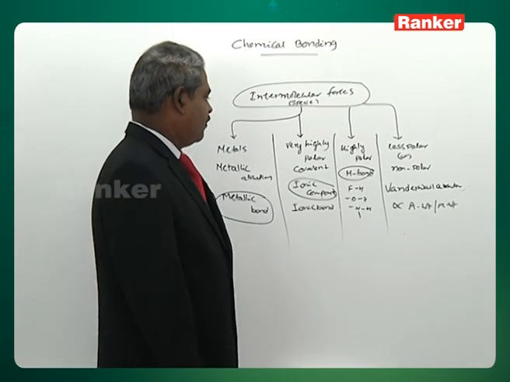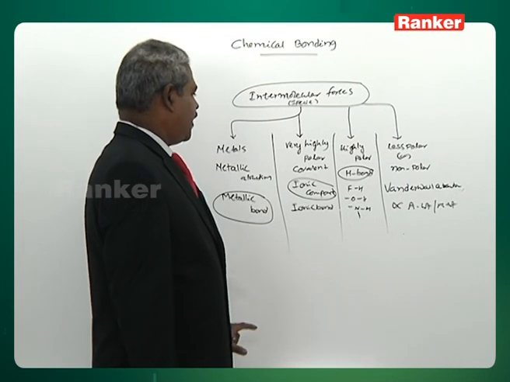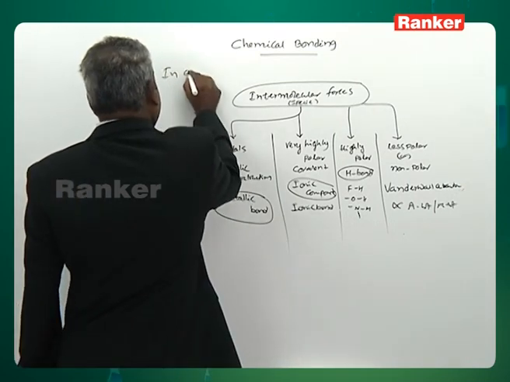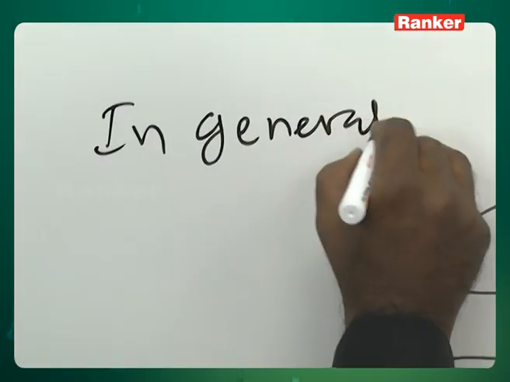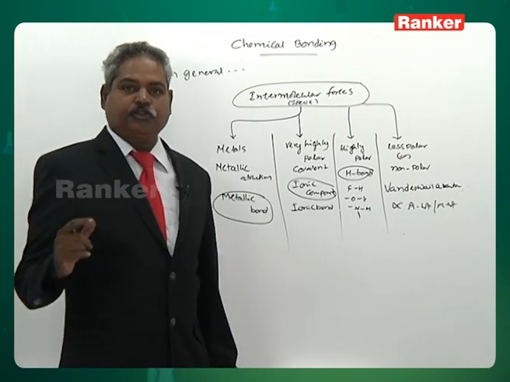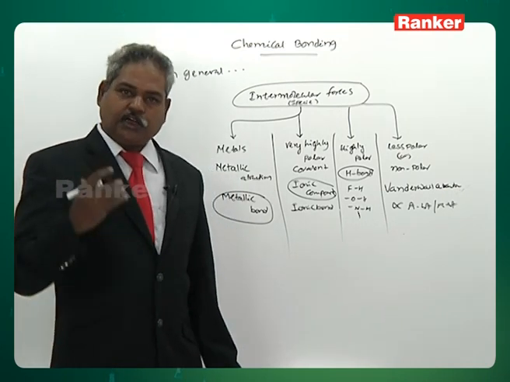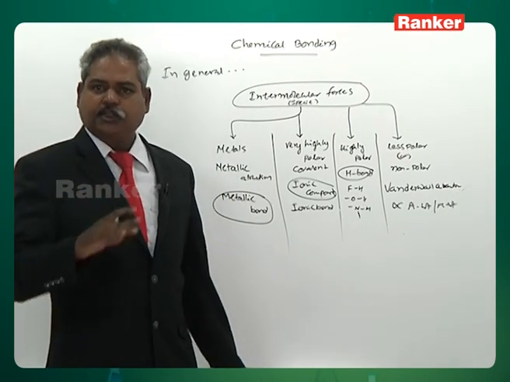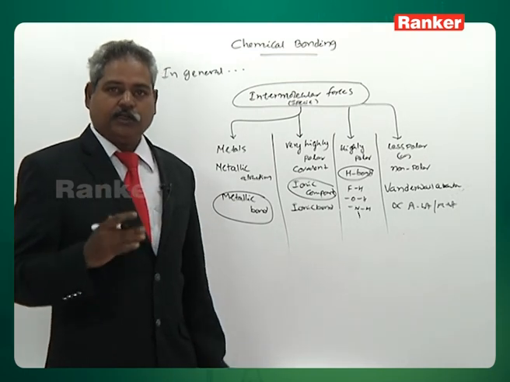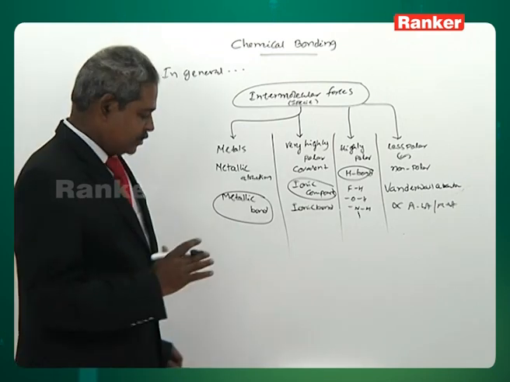Therefore, boiling points, in general, and I warn you, whether we write this or not, behind every statement in chemistry you should always think "in general". There can always be exceptions, and ours is not a job to worry about exceptions. Learn the broader spectrum, 99%.